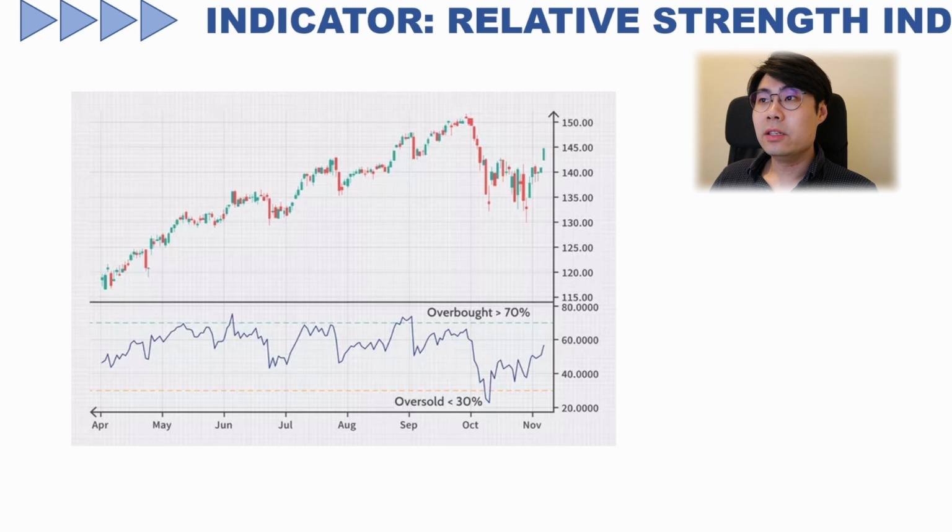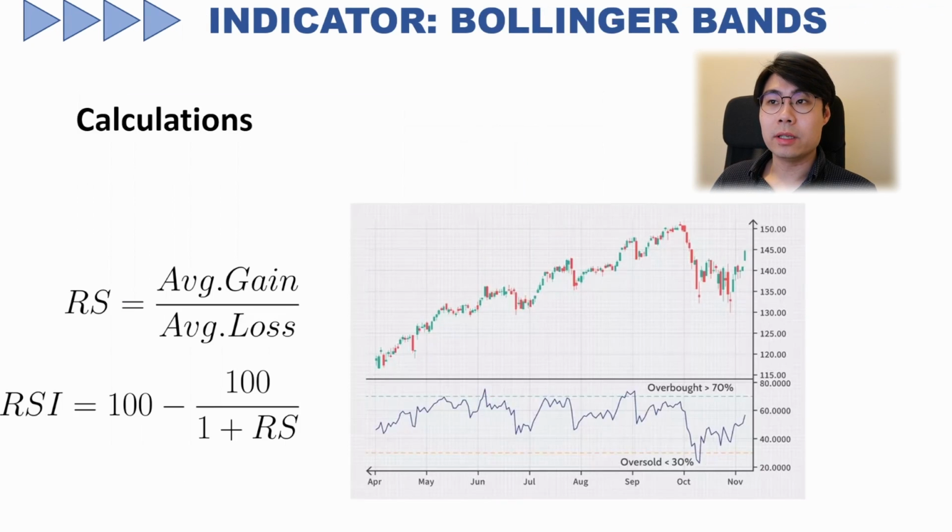To actually understand how RSI is calculated, let's take a look at the calculations. We won't go into details on exactly what all of this is, but it is important to understand how it is being calculated so you get a gauge on why this works.